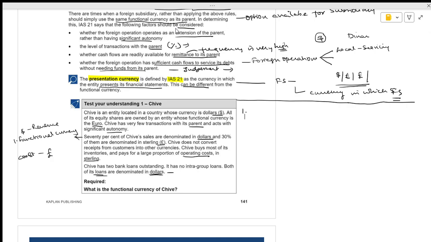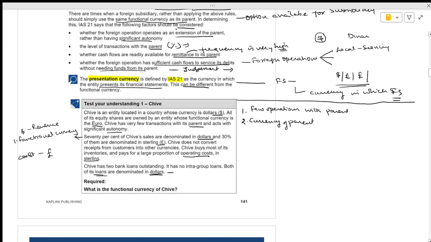Now, it has very few operations with the parent, and most importantly, the functional currency is not the same as the currency of the parent. I'm giving you hints; you have to elaborate on this.